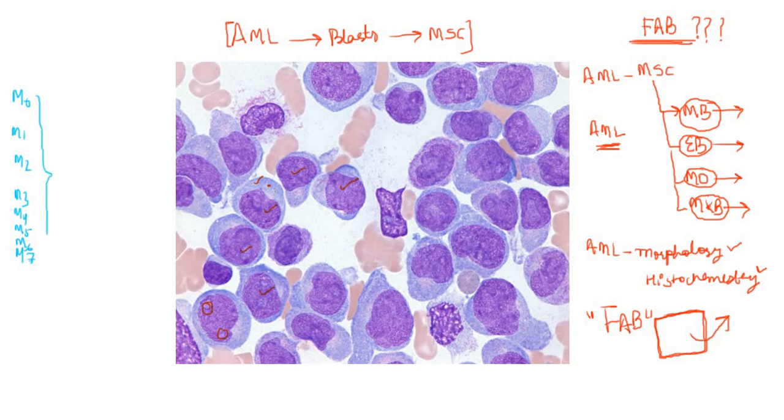So in total, there are 8 subtypes of acute myeloid leukemia according to the FAB classification, and we have to study each subtype and what are the particular characteristics of each subtype. So let's take on the first subtype in the FAB classification of acute myeloid leukemias.